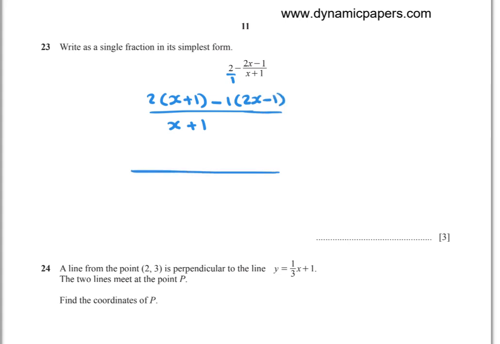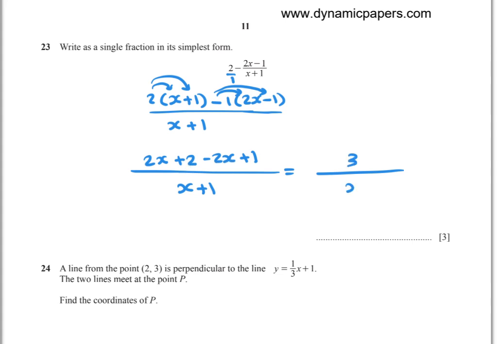Now simplify the numerator. 2 times x equals 2x, 2 times 1 equals 2, negative 1 times 2x is negative 2x, and negative 1 times negative 1 is positive 1. The 2x minus 2x cancels out. 2 plus 1 equals 3, so the answer is 3 over x plus 1.